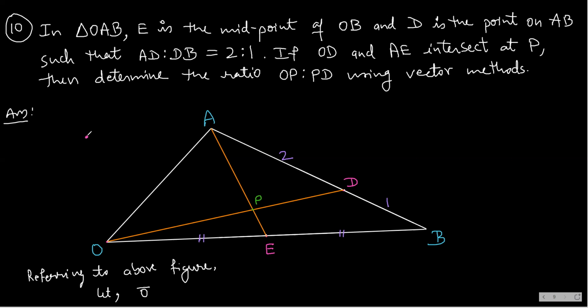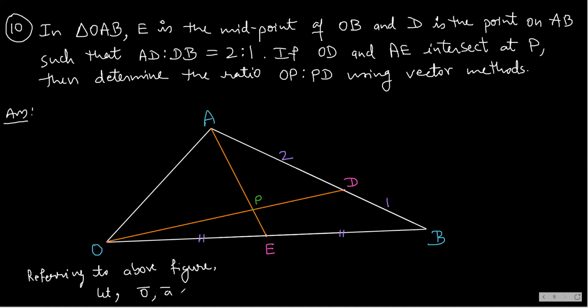Let that fixed point be here. I will take the position vector with respect to this. So this is O bar, this would be my A bar, and this would be P bar, D bar, and so on. I hope you understand. Normally we don't get point O in the question, so I write the position vector of point O as well.